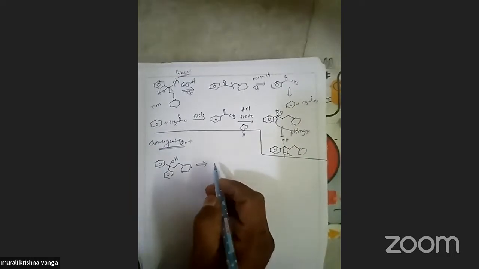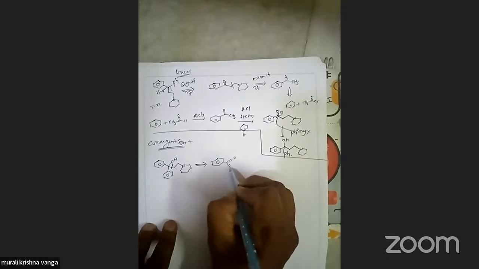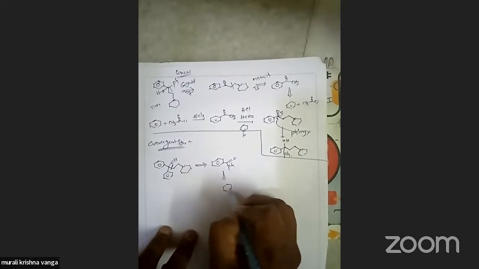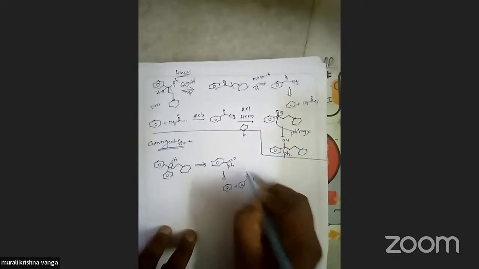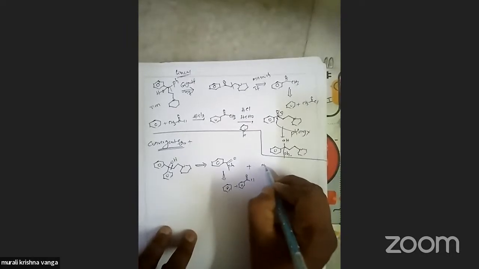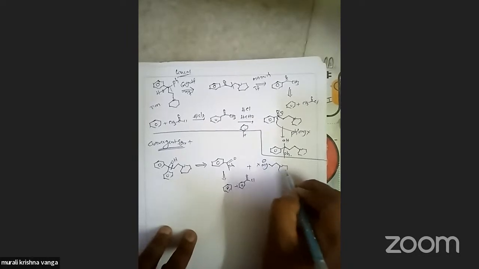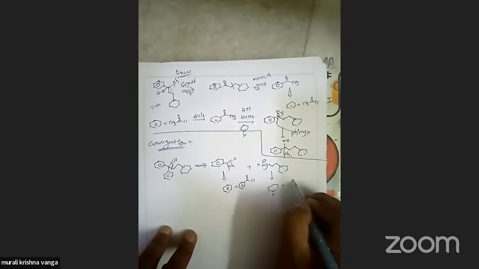Here the bond is broken, then it forms a ketone, benzophenone. This benzophenone is obtained from benzene and benzoyl chloride. Plus here, magnesium halide. When it undergoes reaction with piperidine plus epoxide, that is the product.